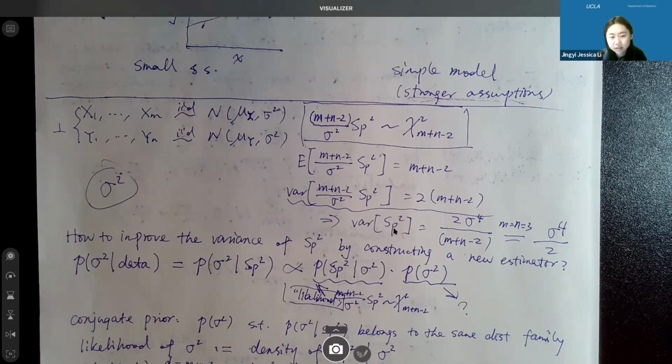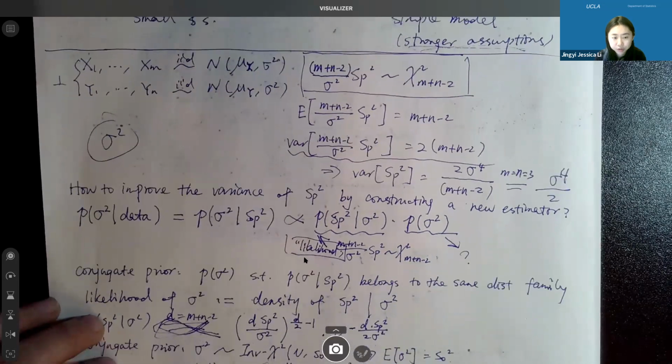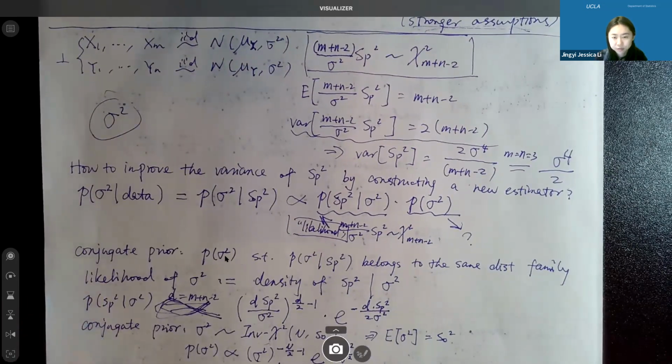And to address this issue, we want to propose a better estimator that will have smaller variance than this SP square does. And we use the Bayesian approach. To summarize, we introduced the prior of sigma square as a conjugate prior, so that by definition of conjugate prior, this prior and the resulting posterior, which can be obtained by the Bayes rule, will be in the same distribution family.